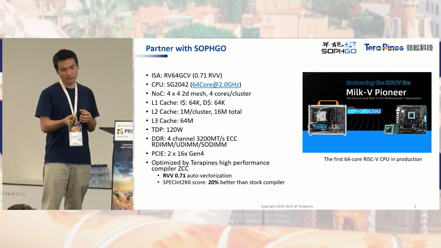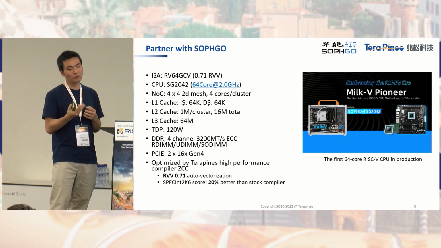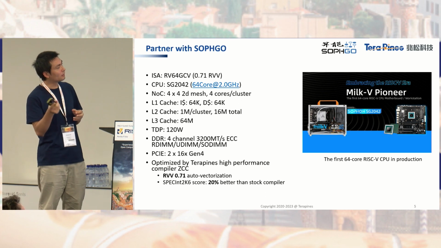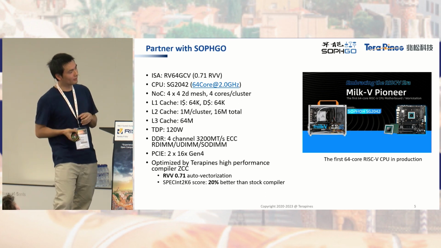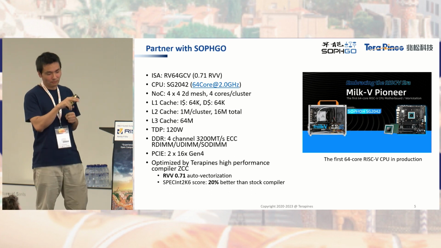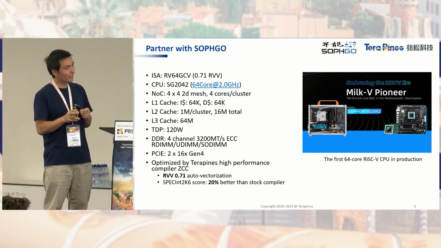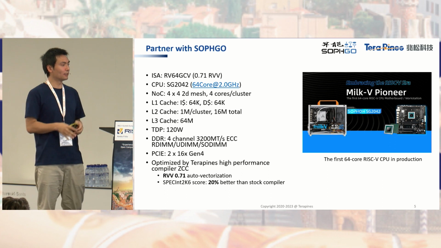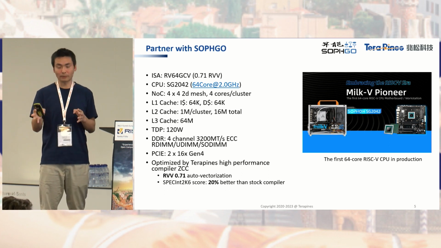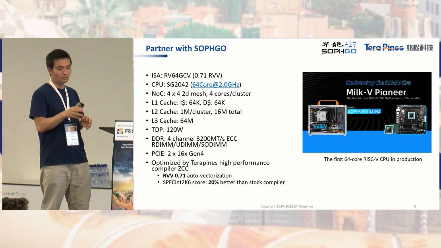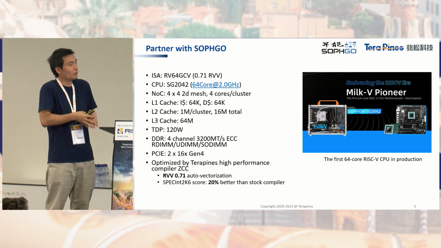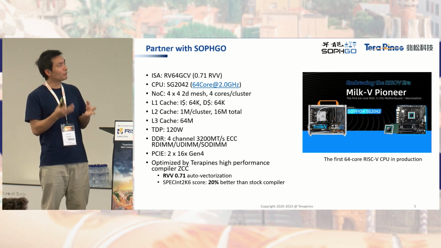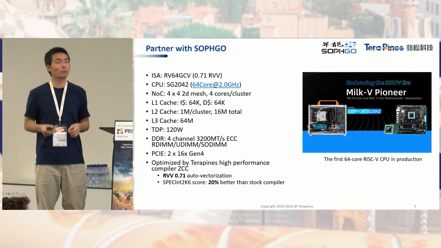Each core comes with 64K iCache and dCache. I will go to the performance directly. Most of all, our compiler generated 20% better performance than their stock compiler, which is GCC based. To the best of my knowledge, we are the only compiler that can auto-vectorize for both RISC-V vector 0.71 and 1.0.